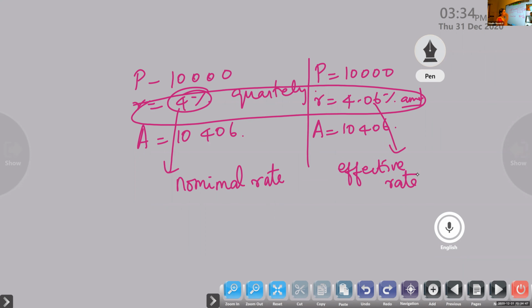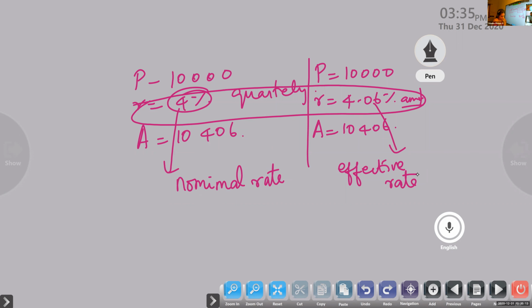Although it is given for 4 times a year, what is the annual interest rate? That rate we call the effective rate. Is it clear? Are you able to understand what is meant by nominal rate and effective rate? These two rates will always be equivalent.